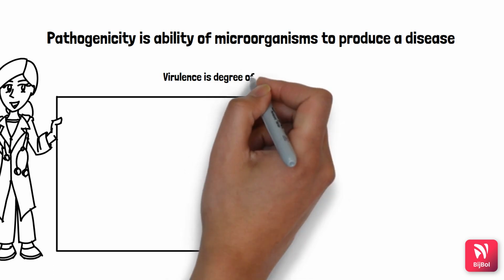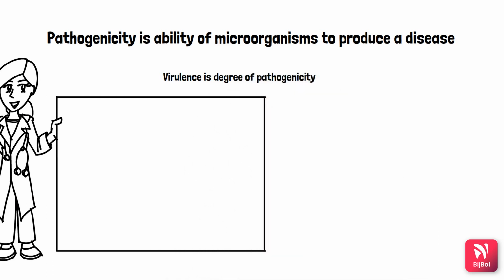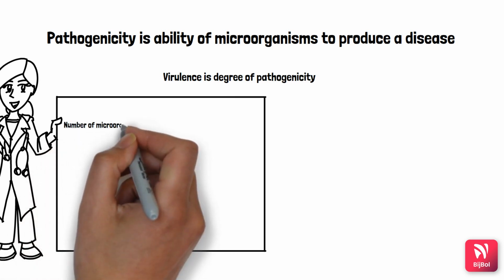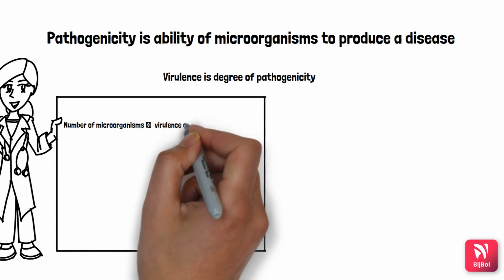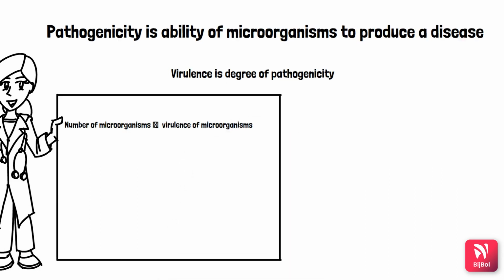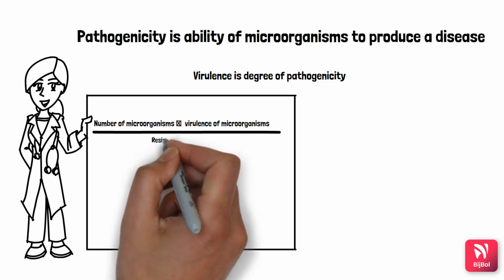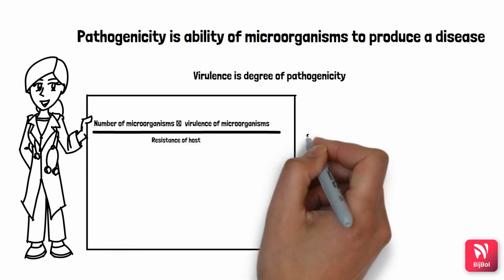So, Hobson gave an equation showing the relationship of the number of microorganisms, their virulence, and the resistance of a host with the severity of the disease. That is, the number of microorganisms is multiplied by the virulence of the organisms and divided by the resistance of the host, which gives us the severity of the disease.